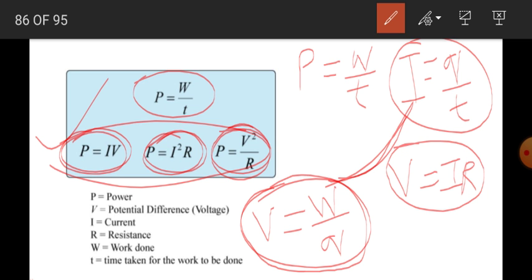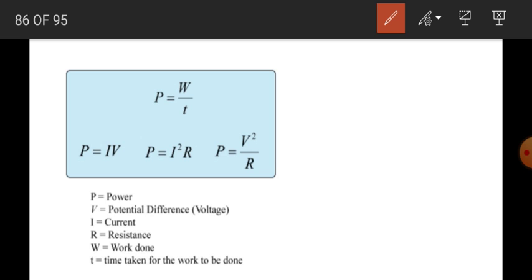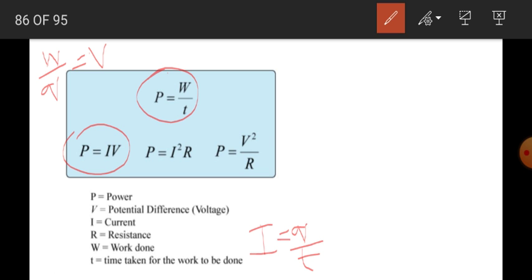So let's begin then. Let me write the formulas here. Work done per unit charge is the formula for potential. And for current, let me write it somewhere here. Current is nothing but the flow of charge per unit time, right? Now let me use the formula of power and derive this equation first.